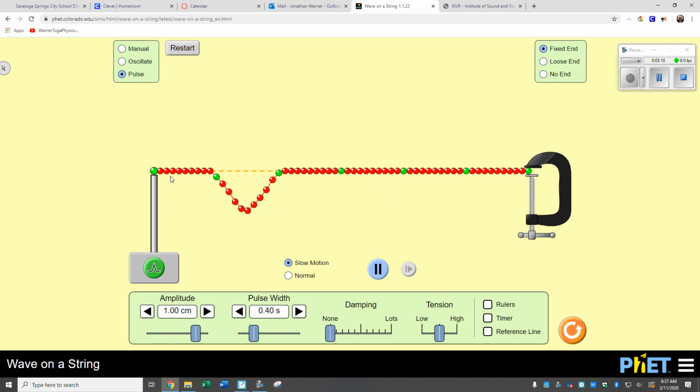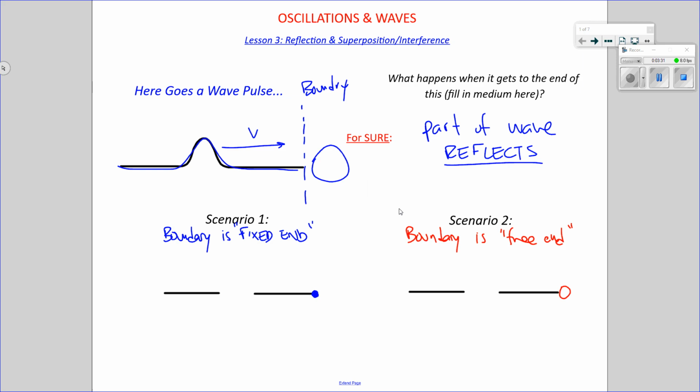Here's another fixed end over here that's not allowed to oscillate. So this wave pulse keeps reflecting and turning from a crest or a peak into a trough. Crest into a trough. That happens at fixed ends.